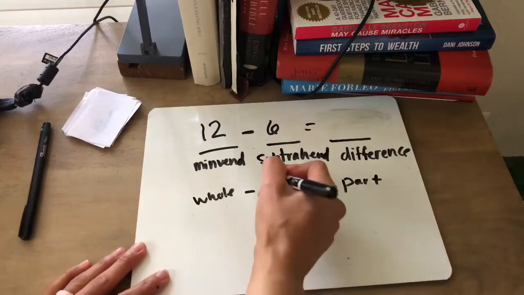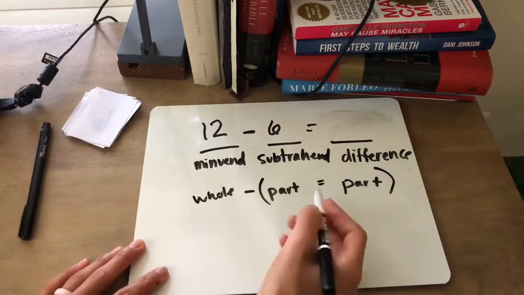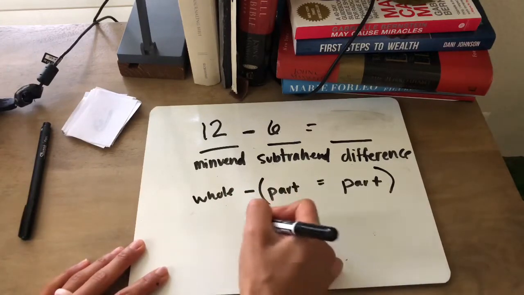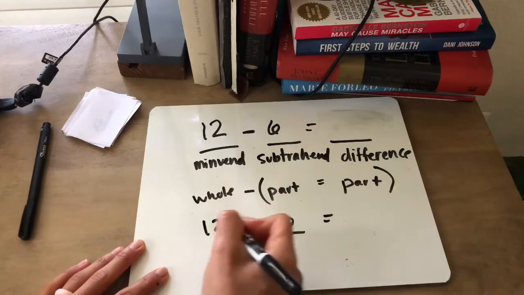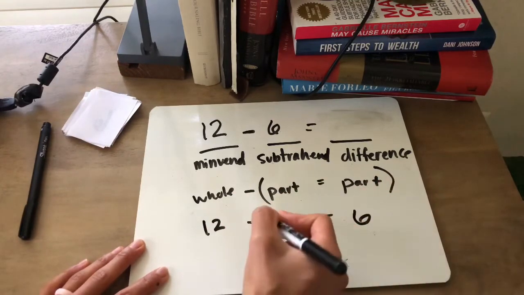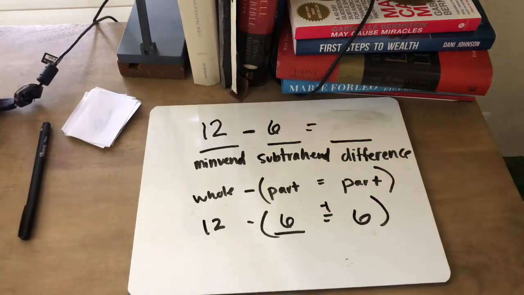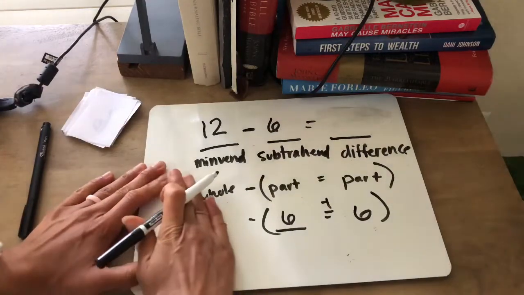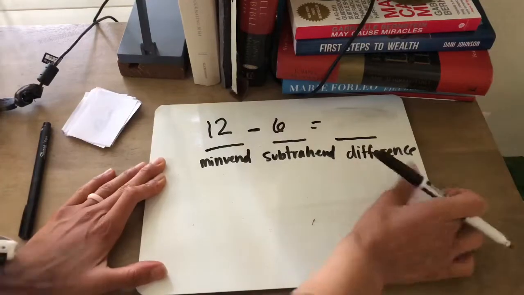And I also know that the two parts make the whole. So if one of my parts is 6, and my whole is 12, then my other part is going to be 6, because 6 plus 6 equals 12, because I know my doubles. I said 2 ways, but I'm going to show you 3 ways.